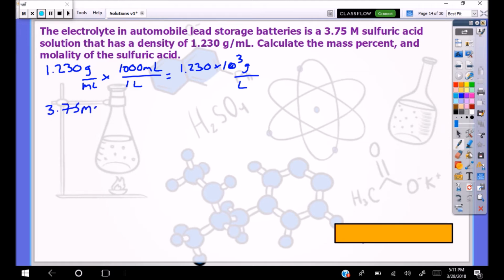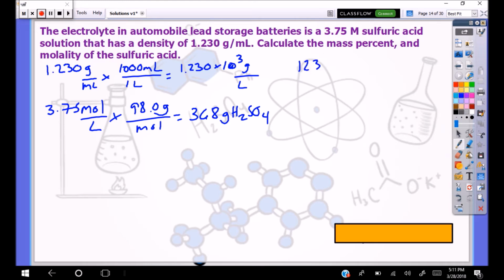Okay, so 3.75 moles per liter sulfuric acid times 98.0 grams per mole, and that tells me I have 368 grams of sulfuric acid. All right, in total, I still need to know the amount of water, right? So I've got 1,230 grams minus 368 grams.